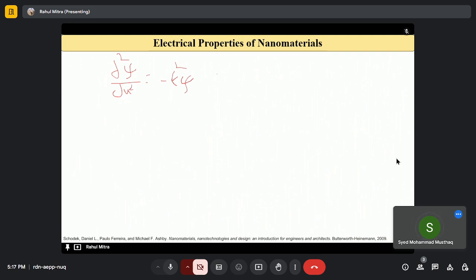Now, what is k? k equals 8 pi square mE by h square, whole to the power 1 by 2.